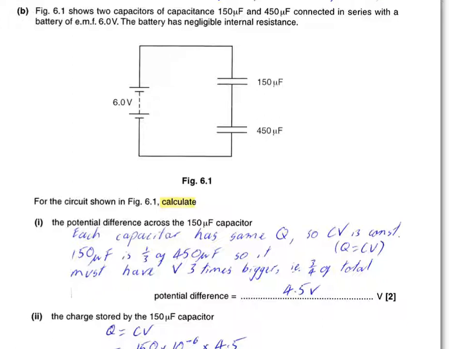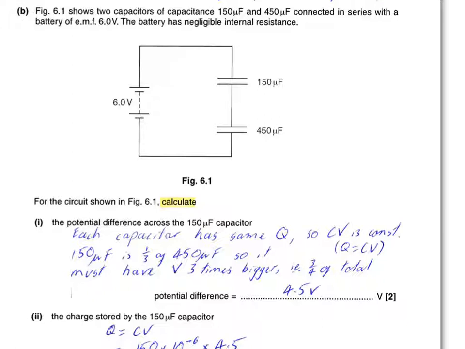So we've got electrons flowing onto that bottom plate, off the top plate, onto that bottom plate, off the top plate, and it's the same amount of charge each time because everything's in series. So if each capacitor has got the same charge, basic equation Q equals CV, so I've got a constant capacitance times PD, so CV for that capacitor must be equal to CV for that capacitor because the charge on that capacitor is the charge on that capacitor, so CV is constant.